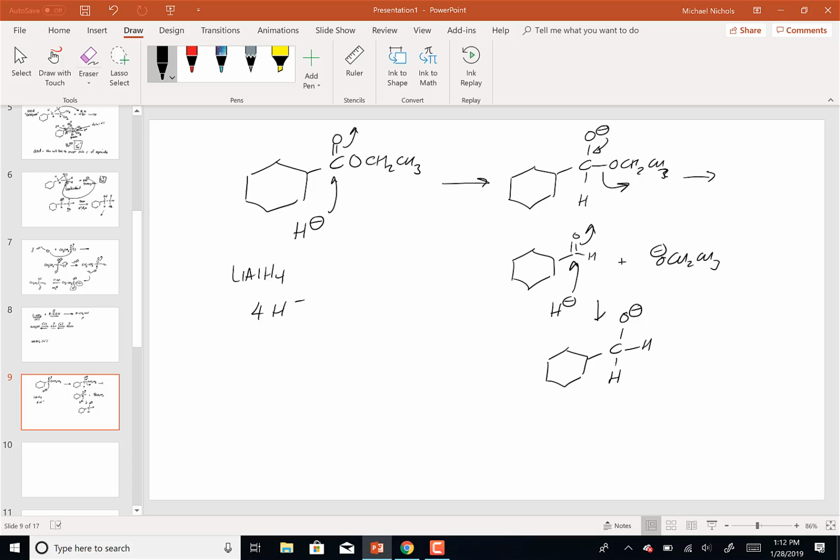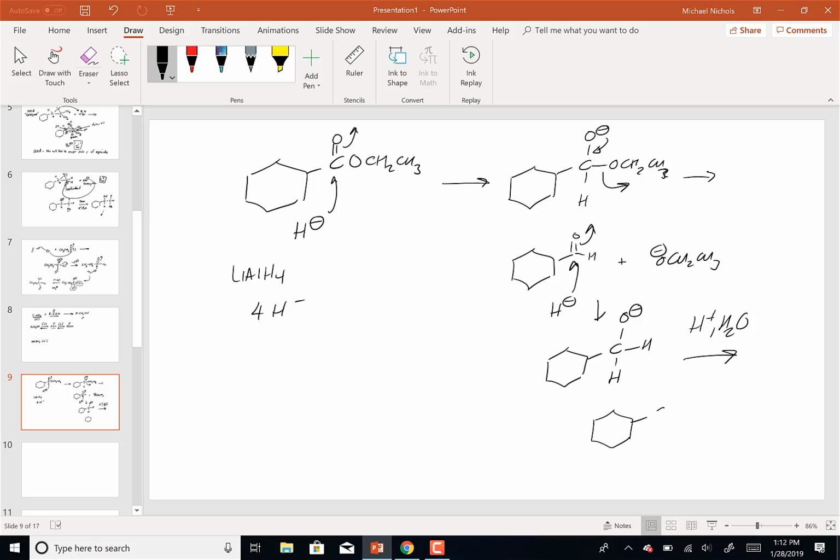Can the molecule reform the carbonyl? Not without something leaving. There's nothing there that's going to leave, and so it just kind of hangs out. And then when I add my H plus H2O step, the H plus is not only going to protonate the alkoxide, it's going to protonate the other alkoxide.